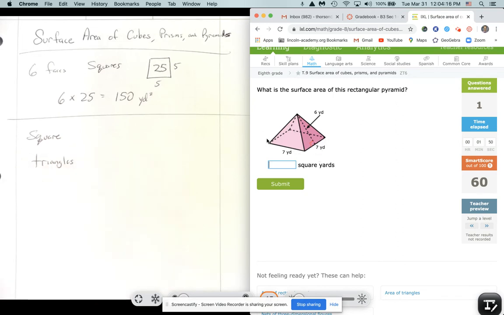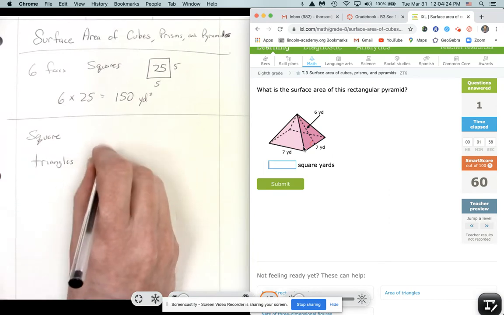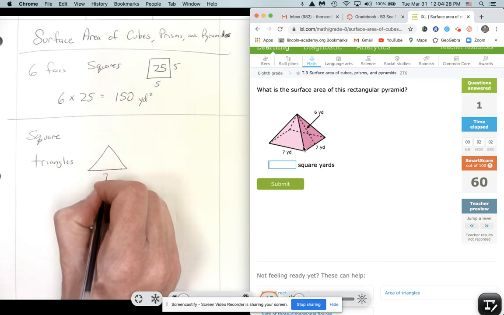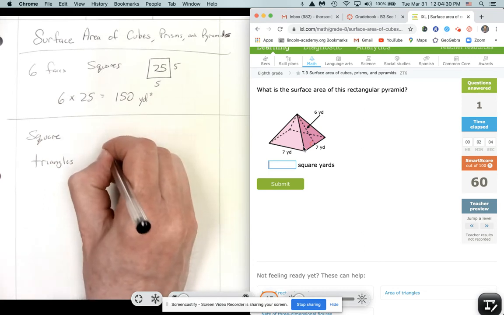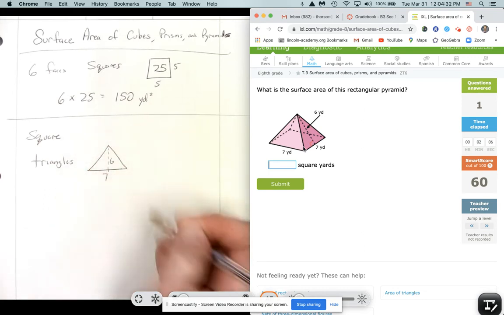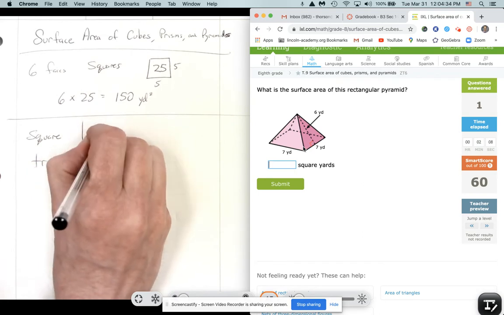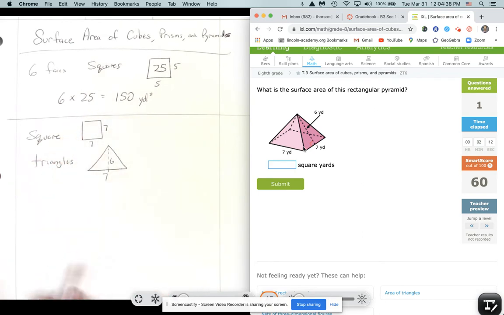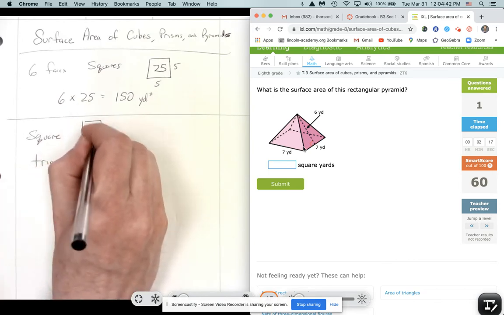The square base is 7 by 7 by 7 by 7. I'm going to draw my triangle and say that the base of the triangle is 7, the height of the triangle is 6, and the base of the pyramid is a square that's 7 by 7. So now I can find the area of the base, which is 49.